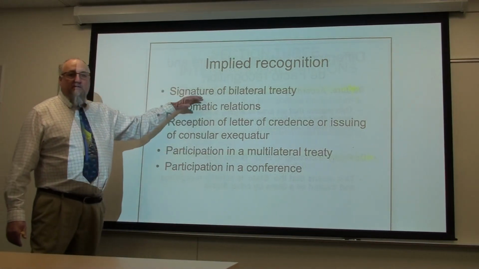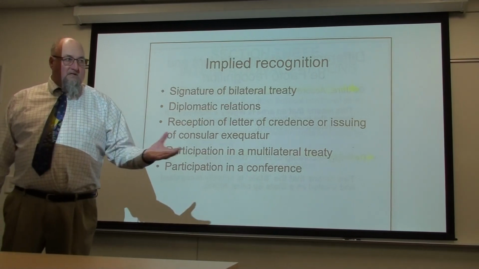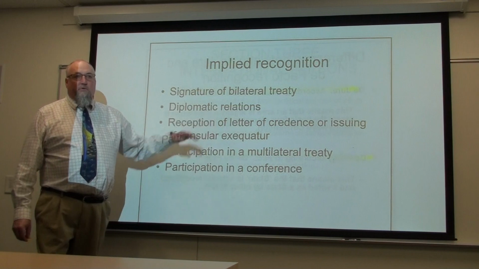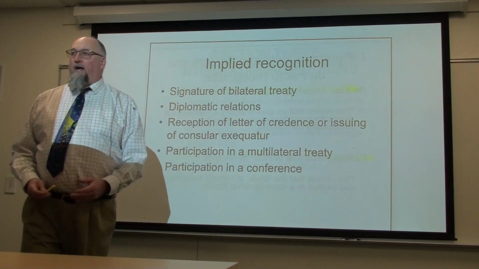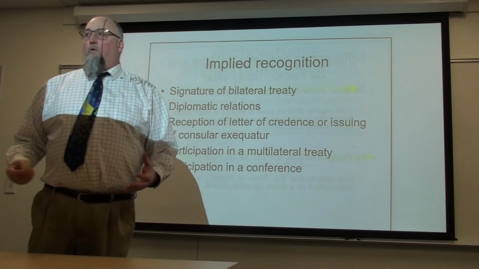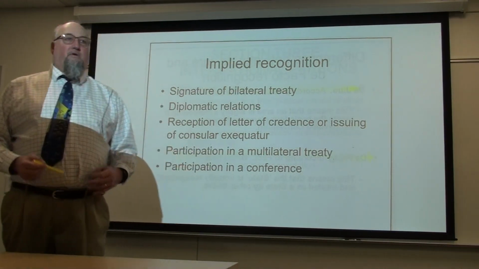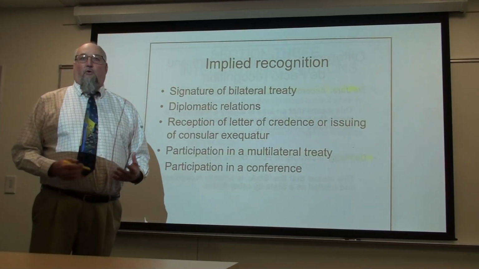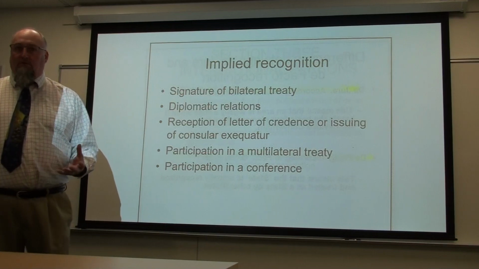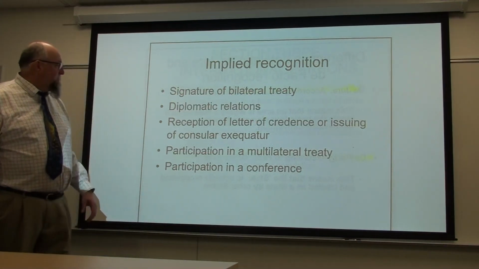So that is evidence of recognition when treaty making has been done. Engaging in diplomatic relations, which may be exchanging diplomats, ambassadors, having an embassy, or hosting an embassy from that territory within your own state. That's a form of recognition because diplomatic relations are reserved, for the most part, to states or IGOs and NGOs.